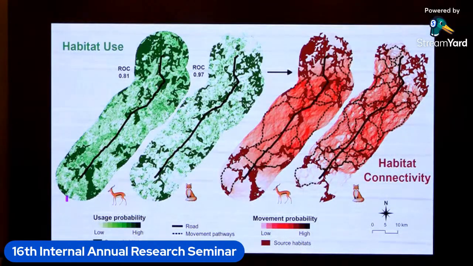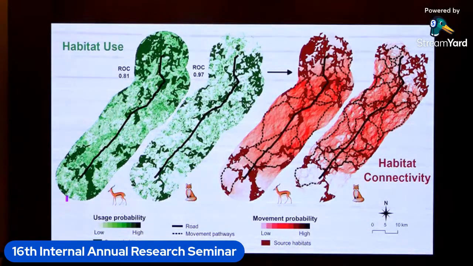The ROC shows significantly high accuracy for both models. The right two maps show how important that area is for maintaining habitat connectivity, where the red polygons are the core habitats of the species, connected by the dotted least cost pathways, and the background layer is the movement probability for both key species.